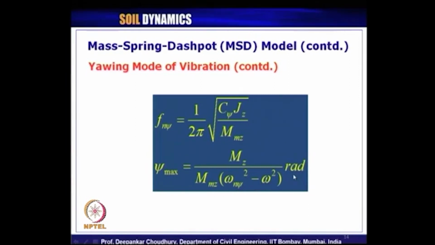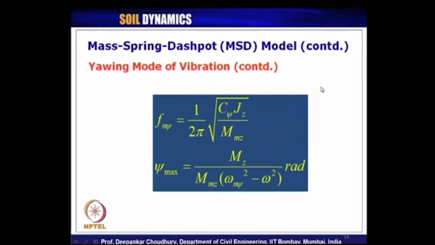It will come in radians, because this is the angular displacement we are computing. Again, this angular displacement we can project in terms of linear displacement by multiplying with the linear dimension of the foundation, and that has to be checked again with respect to that 0.2 mm, the IS code guideline, and also the Richards chart for qualitative assessment.